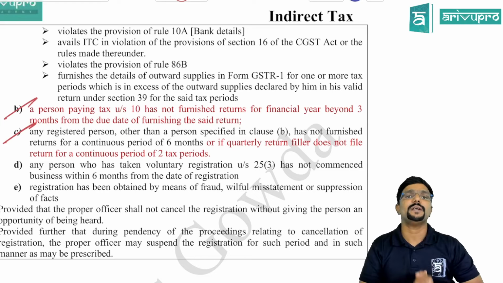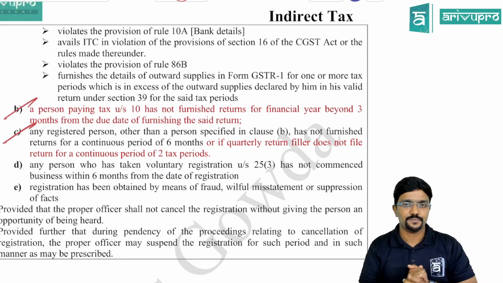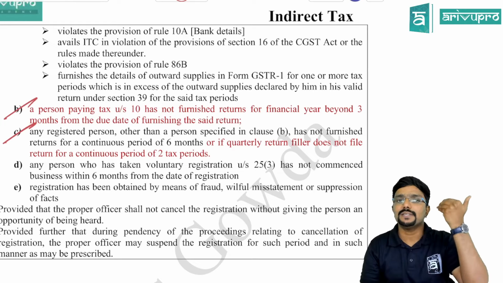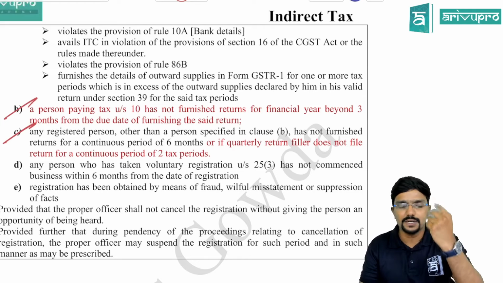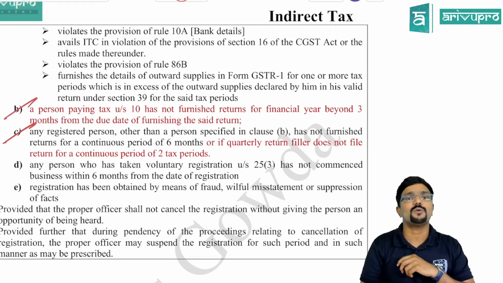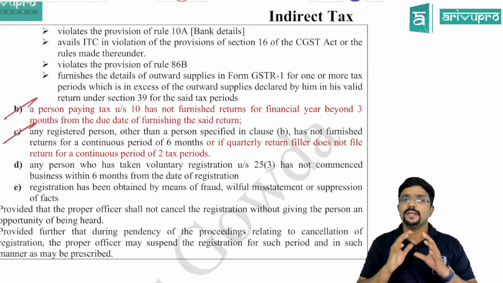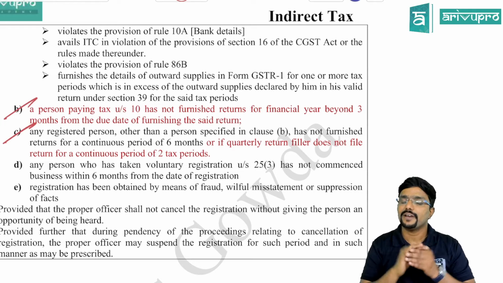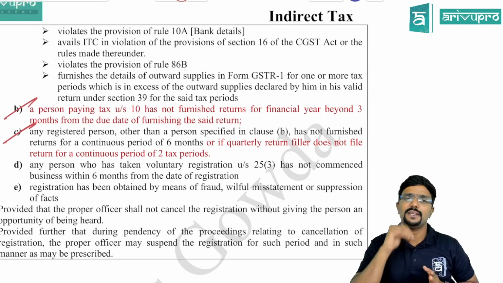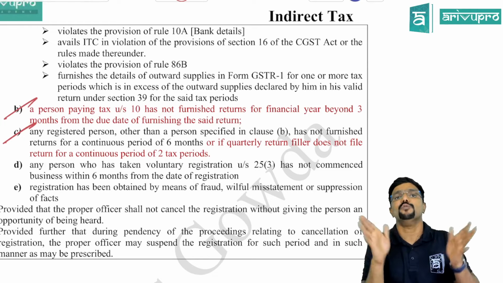Okay. Then coming to, sir, what about the persons who are covered in section 9? That is normal taxable person. So for a person who is covered under section 9, they have two options. They can pay tax monthly and file returns monthly, that is both GSTR 1 and 3B, or else if they are small suppliers, they can pay tax monthly but file returns quarterly. We call it the QRMP scheme. That is both GSTR 1 and 3B. If a person covered under section 9 is filing monthly returns and doesn't file the returns for 6 continuous months, that is either GSTR 1 or GSTR 3B or both, then his registration can be cancelled.